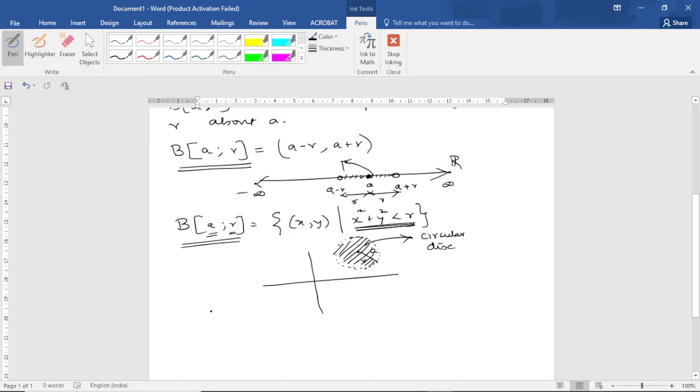Similarly, in three dimensions, that is R cubed, with x, y and z such that x squared plus y squared plus z squared is less than r, this is the inside of a sphere.